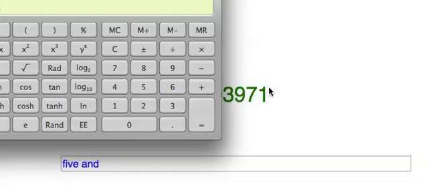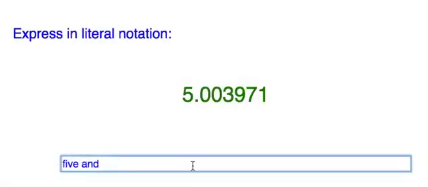So we're pretending this is a whole number, so the 1 is in the ones place, the 7 in the tens, the 9 in the hundreds, and the 3 in the thousands. So the 971 we could put a little space here, and that would be the ones block, and then the 3 would be in the thousands block. So we're going to read that: 3,971. Spelled out, 3,971.